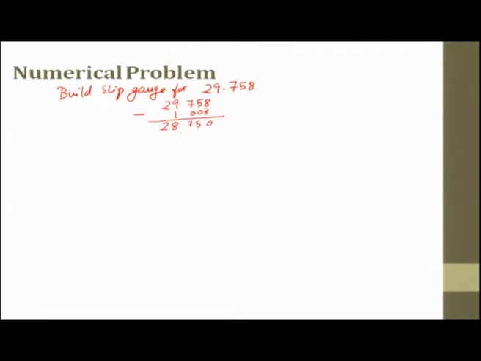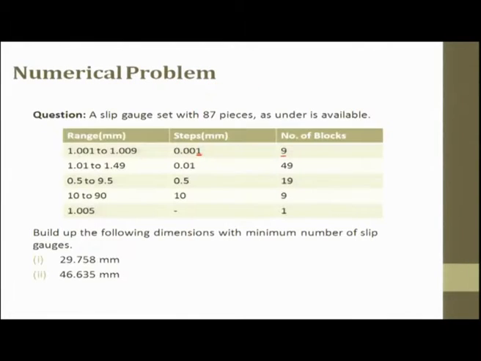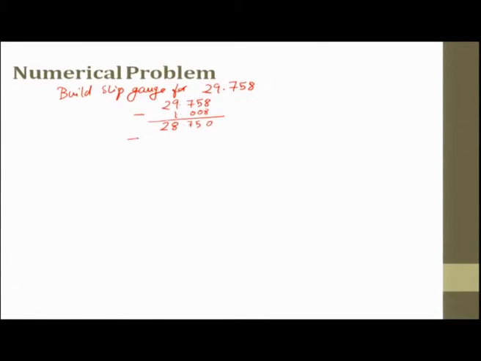Then here I have a choice of 1.25 in the next step. So, I subtract 1.250. So, this is gauge 1, this is gauge 2, slip gauge 1, slip gauge 2.